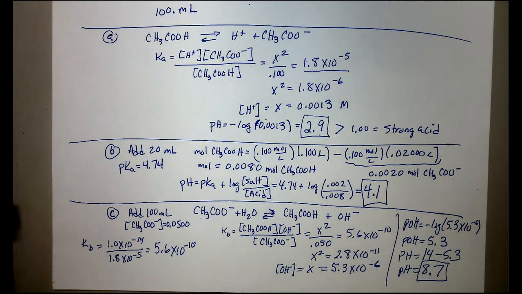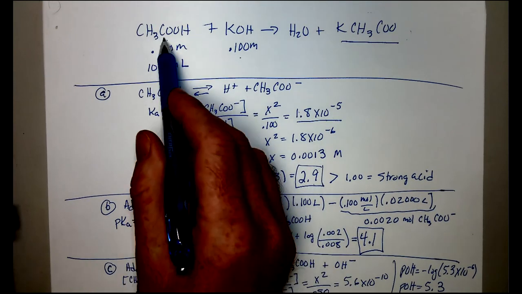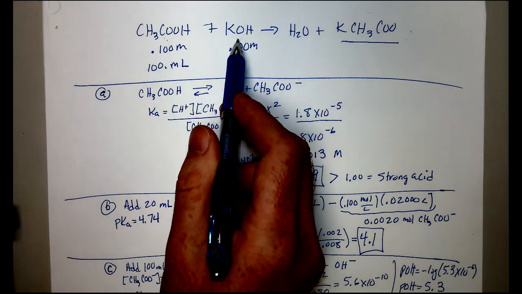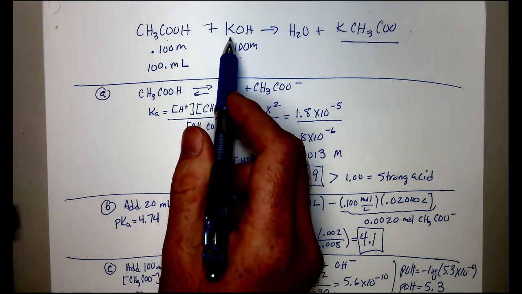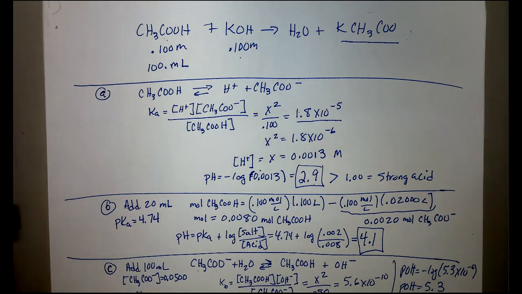Notice that's a bit above the neutral pH of 7. If you think about it, the acid is weak, but the base is strong. If we look back at our initial reaction, that's a weak acid, that's a strong base. So think of it like a tug of war. If I've got a strong base and a weak acid, I'm going to end up on the basic side at the equivalence point.